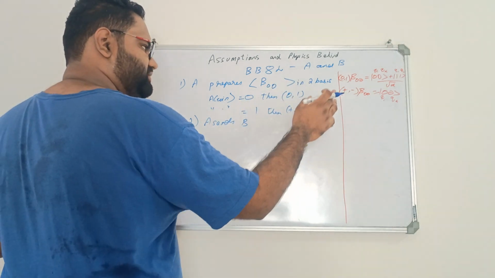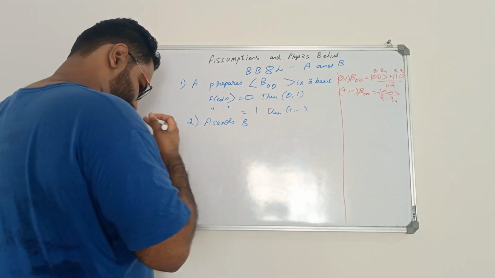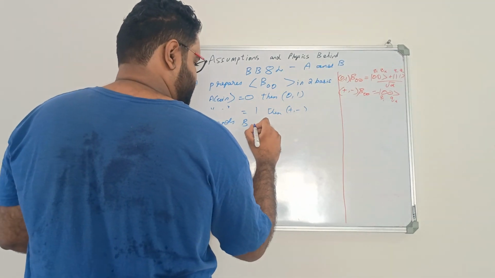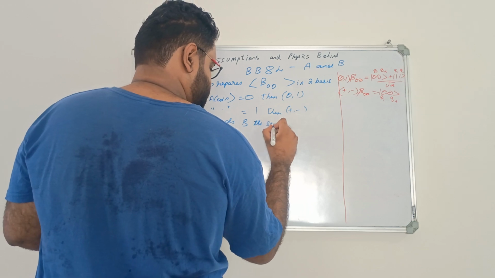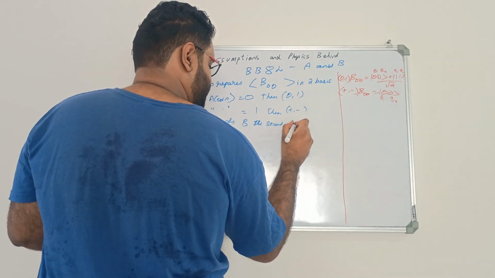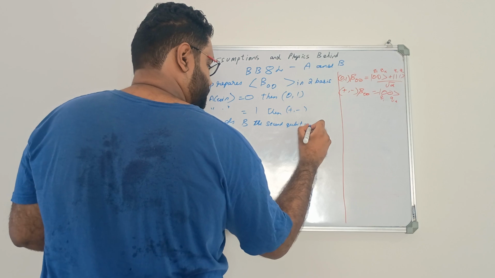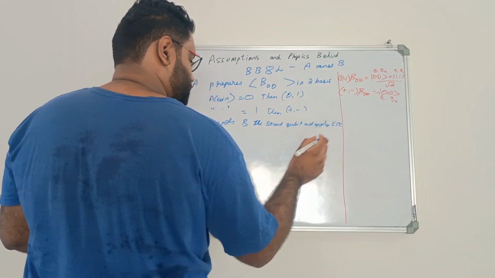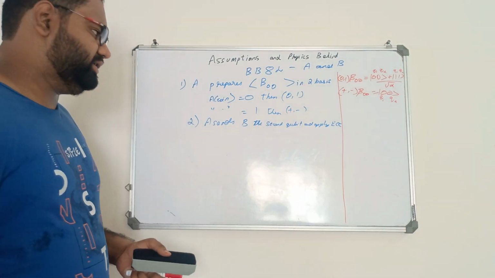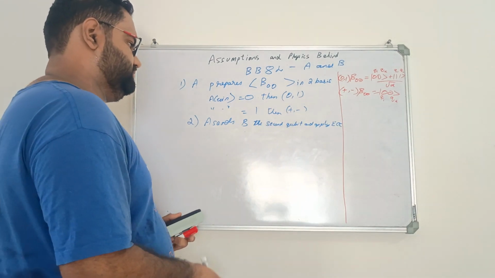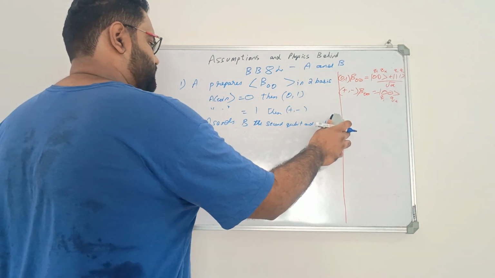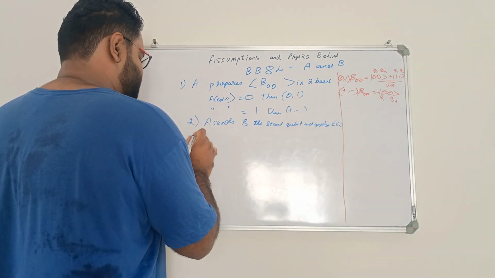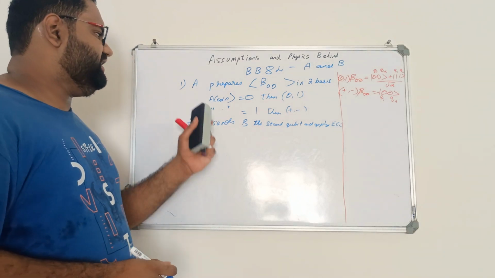A sends B the qubits, and B applies the error correction codes, and both do. ECC stands for error correction circuit.